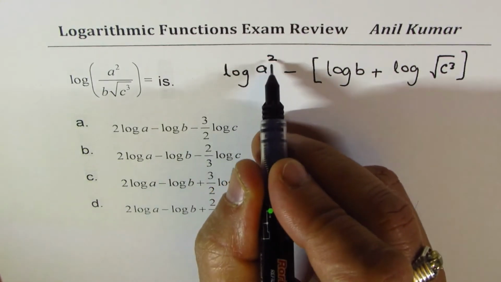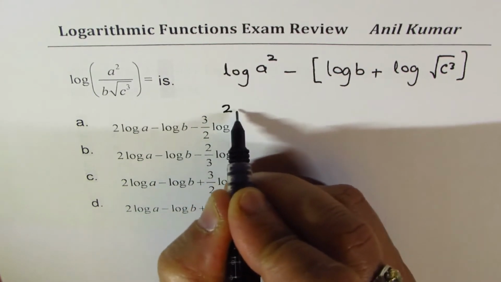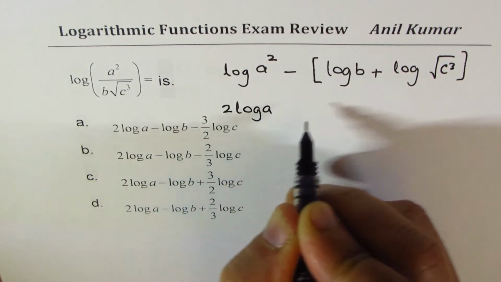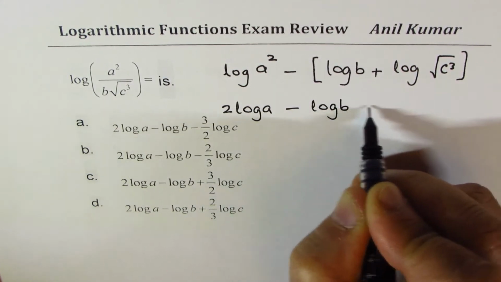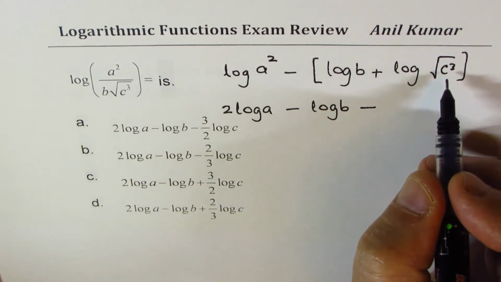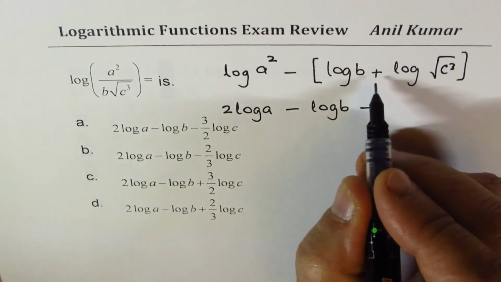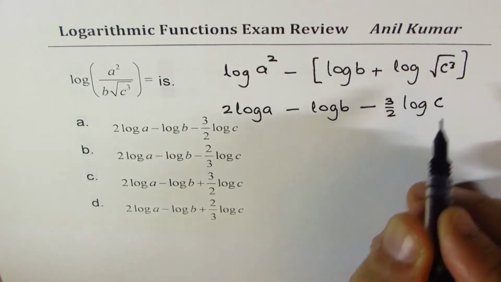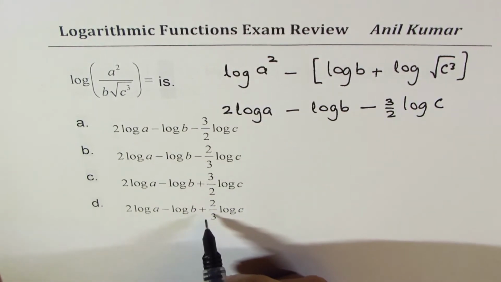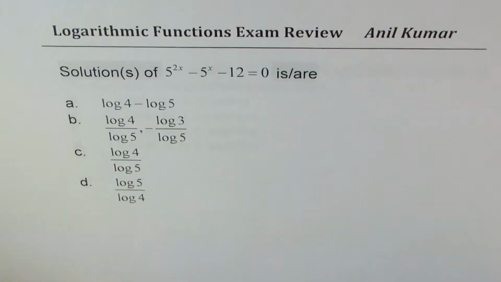Here we'll apply the power rule, writing 2 first. So we get 2 times log of a. Let's open the bracket. We get minus log of b and minus, and the power is 3 over 2, so 3 over 2 log of c, correct? So the very first option is the correct option.